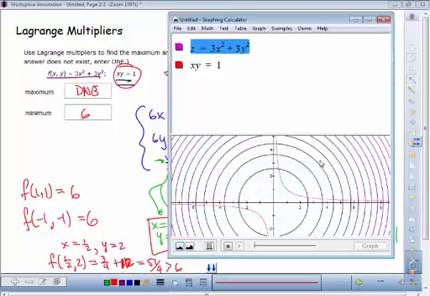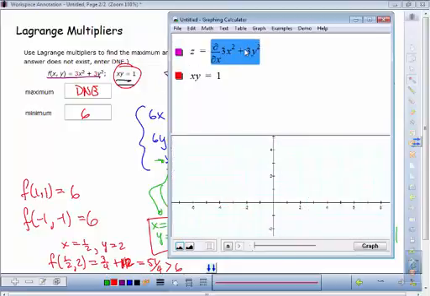When you assign contour plots in a lot of graphing programs and you don't specify which contour, it's just going to draw a bunch of randomly selected contours. So there is this one circle that's going to be kissing our graph x plus y is equal to 1. So that's going to be a contour of this function.